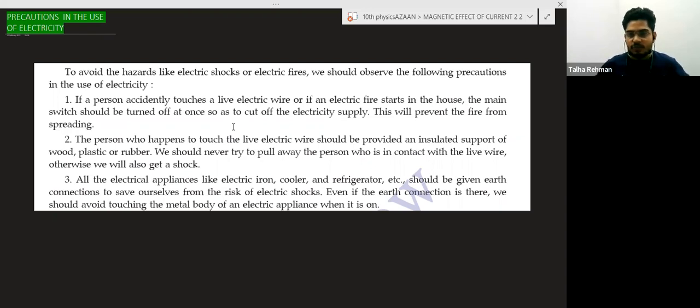So we will switch off the electricity from there, and after that all of the electric devices will be switched off, because you are switching off the electricity from the main board.